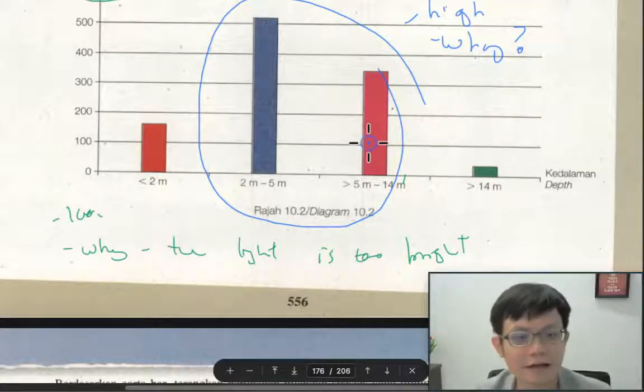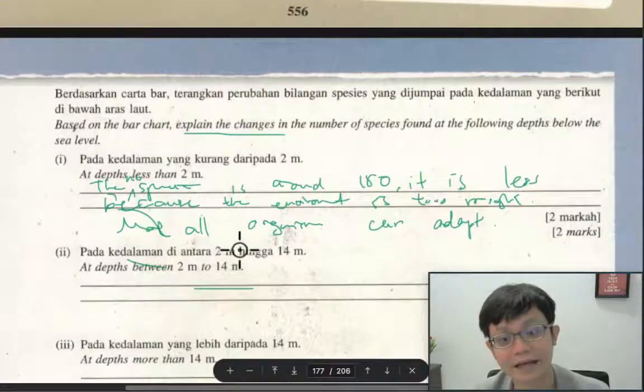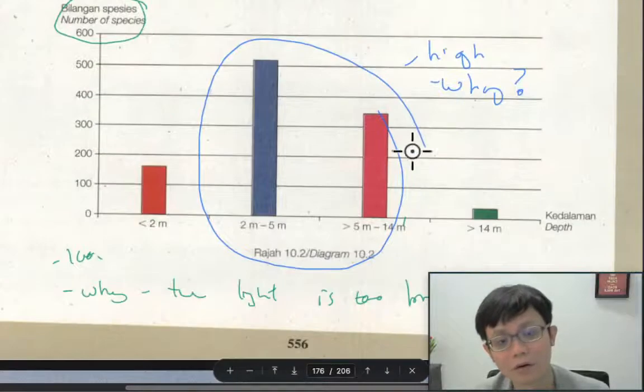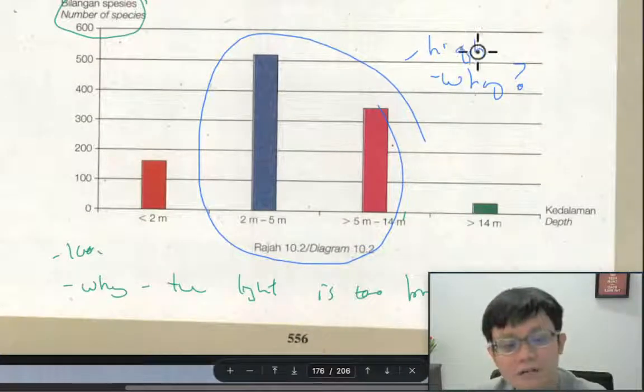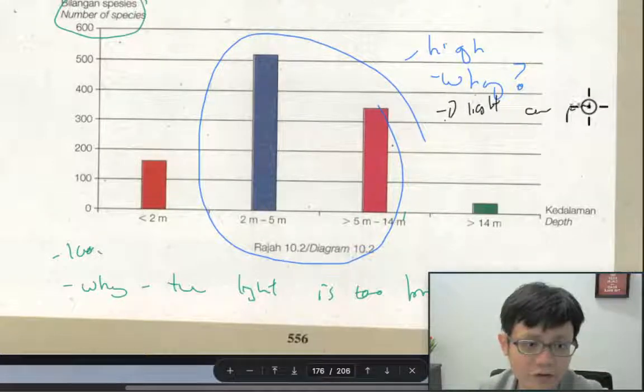Okay, very good. Of course the question asks explain, so we say more high because we have many answers. You can start with light can penetrate through. Light can penetrate means that there will be more photosynthesis.